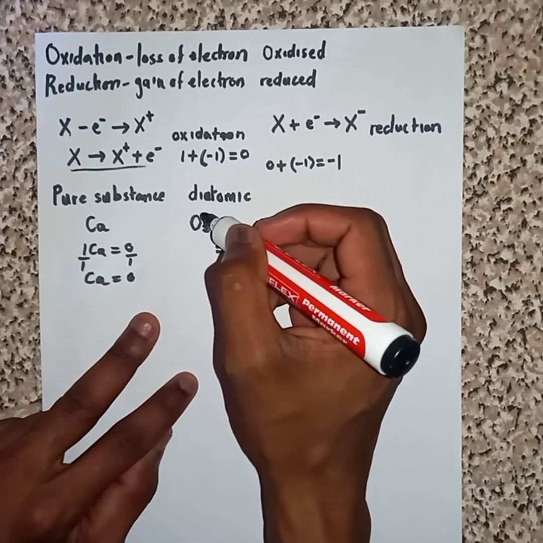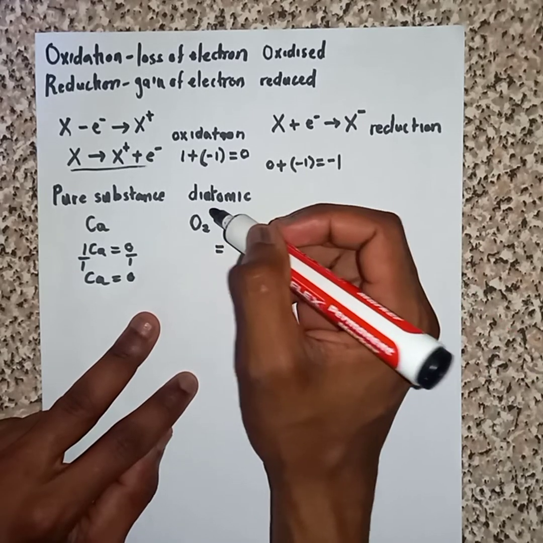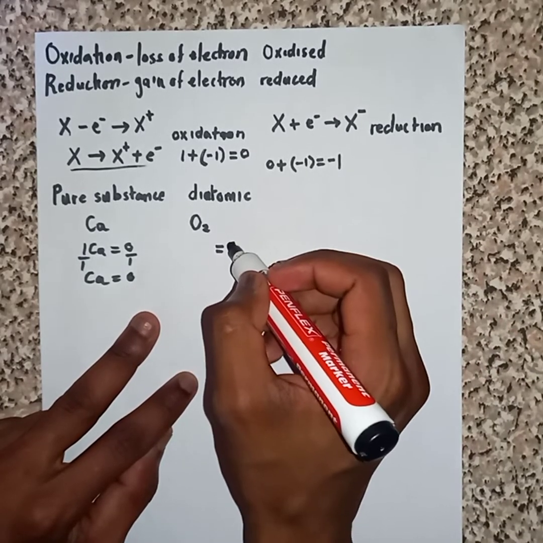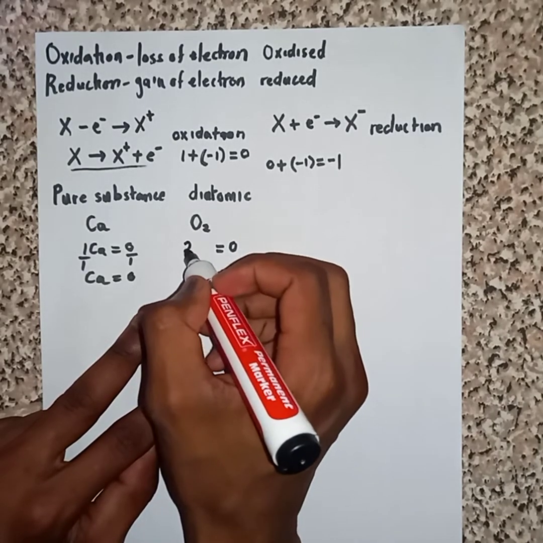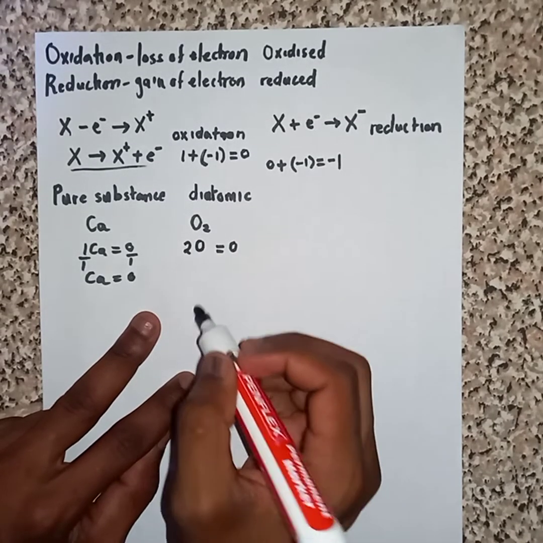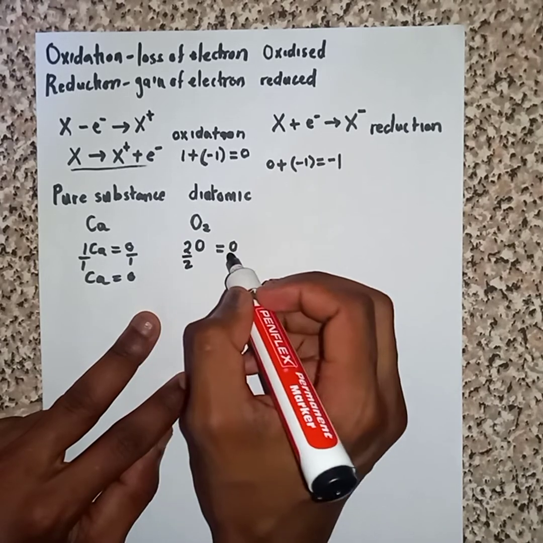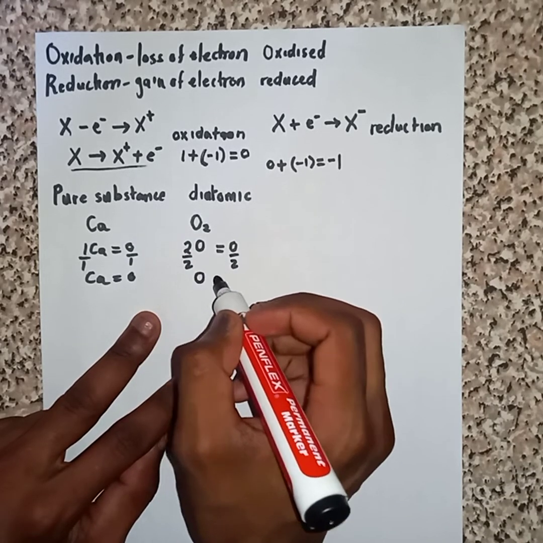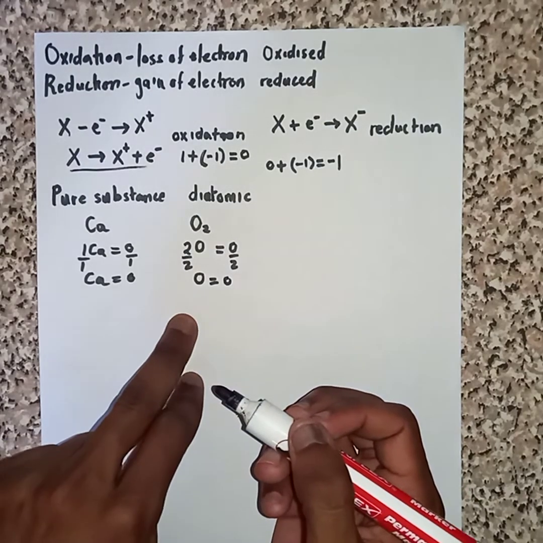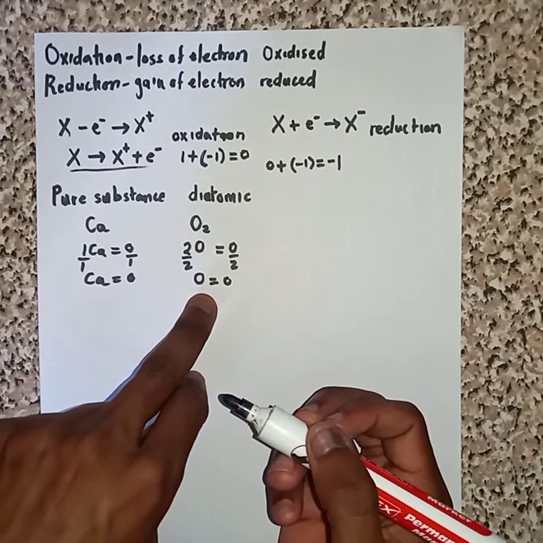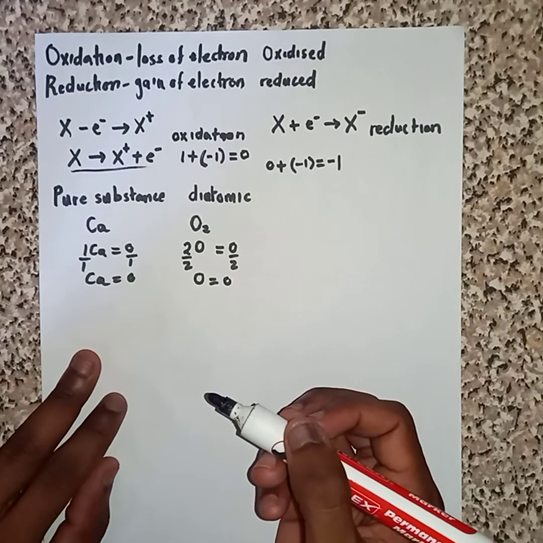This is a neutral atom. Then you write 0. How many O do I have? 2. Then let us divide both sides by 2. You get O equals 0. You see? Your oxygen there is equal to 0.